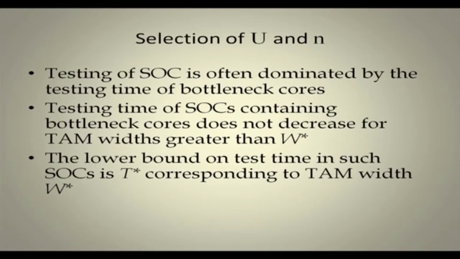Even if you assign more TAM width to the SOC, it does not improve, because that bottleneck core stops the improvement in test time. The lower bound on test time in such SOCs is t star, corresponding to the TAM width w star. We cannot reduce the test time beyond this t star value.